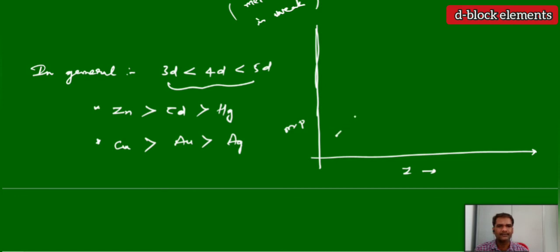From scandium to chromium, the melting point increases. Chromium has the maximum melting point. There is an exception with manganese, where it decreases due to its imperfect structure. Then it increases for iron and again decreases. This kind of trend we can observe here.